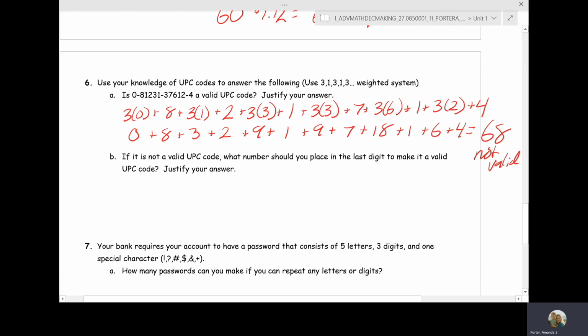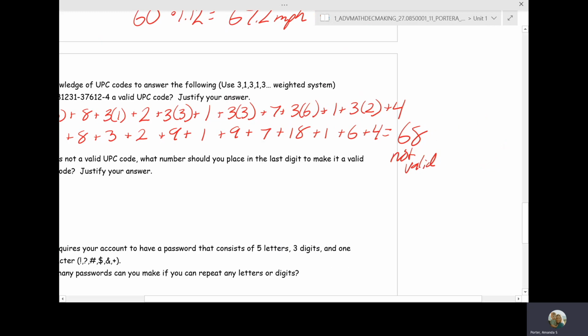The reason we know that it's not valid is because it should be divisible by 10. Other way to say that is it ends in 0. So this is definitely not correct.